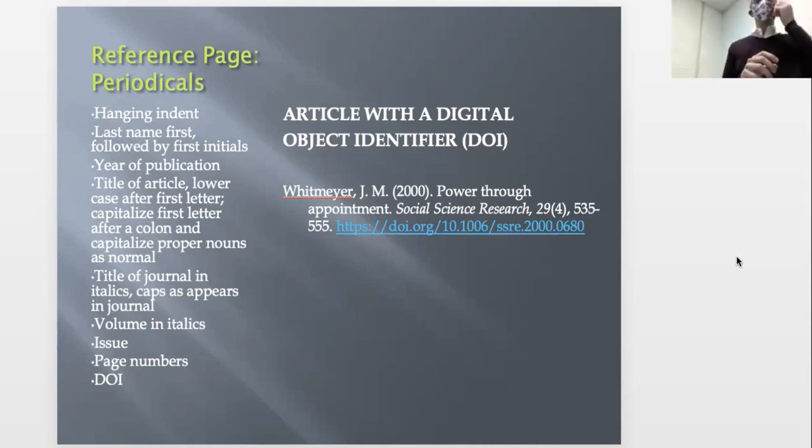It's called a digital object identifier. If the article has it, which articles in the sciences and social sciences now typically have, you include that at the end. If you don't have it, you don't really need to include a URL address. APA really wants you to focus on the DOI. If you don't have it, basically you don't have it.